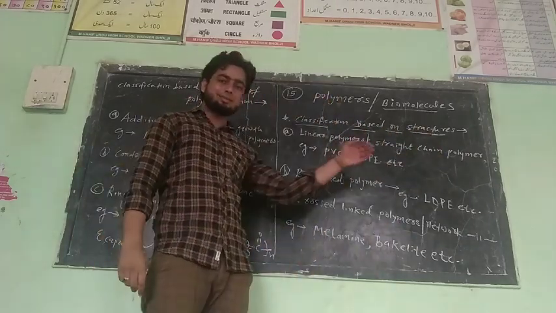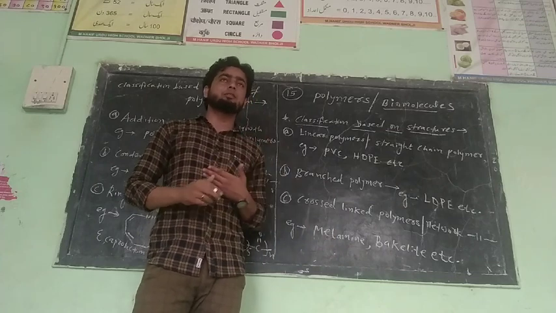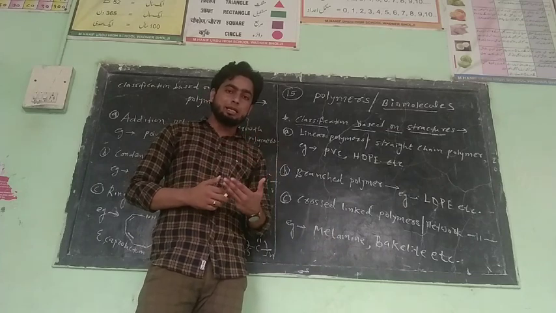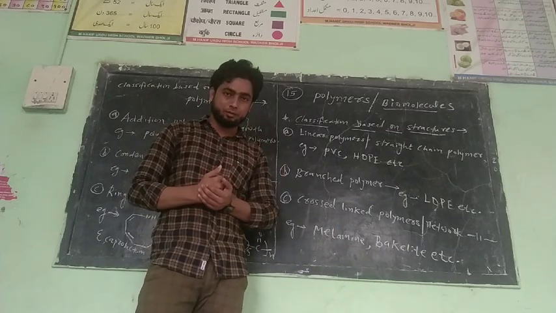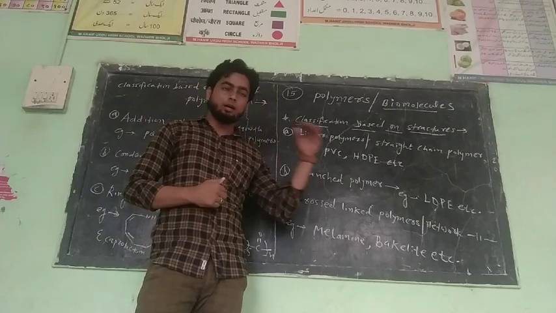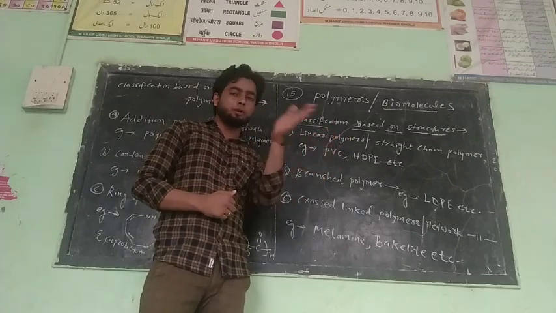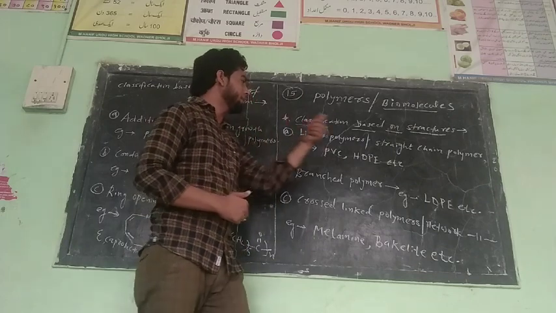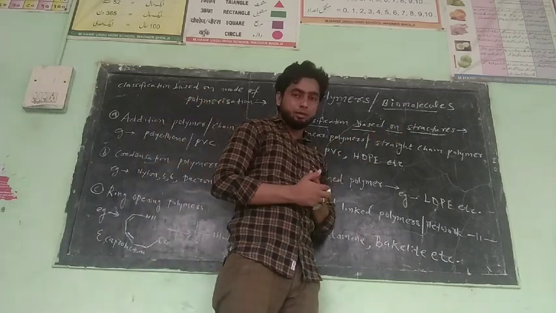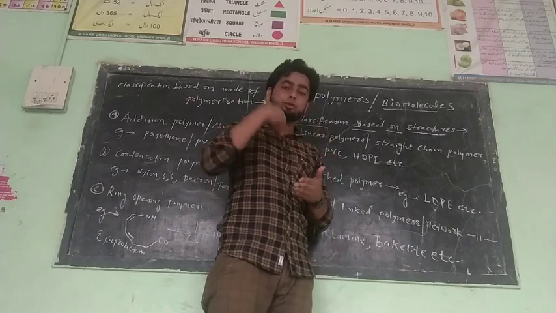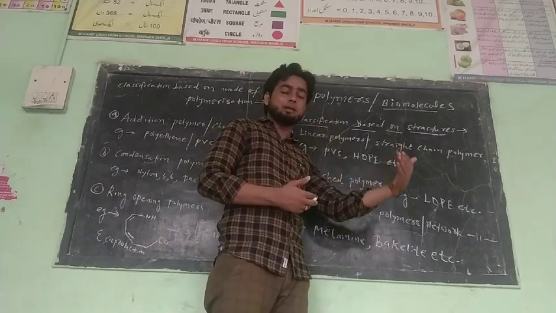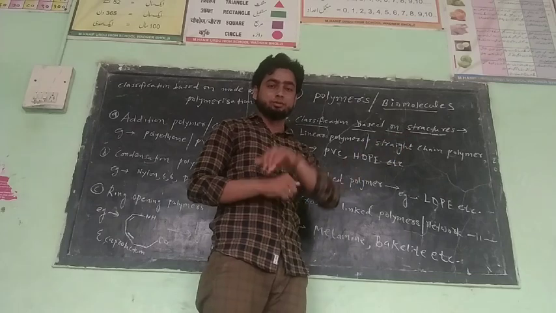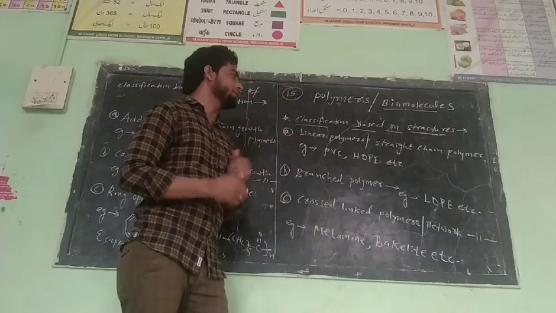Based on structure, polymer is divided into how many types, we discuss here. आज बेटा हम क्या पढ़ने वाले हैं कि जो पॉलीमर्स है उसकी सेकंड जो क्लासिफिकेशन है क्या पे डिपेंड करेंगे वो स्ट्रक्चर पे. On the basis of structure of monomer, how many classifications does polymer show?